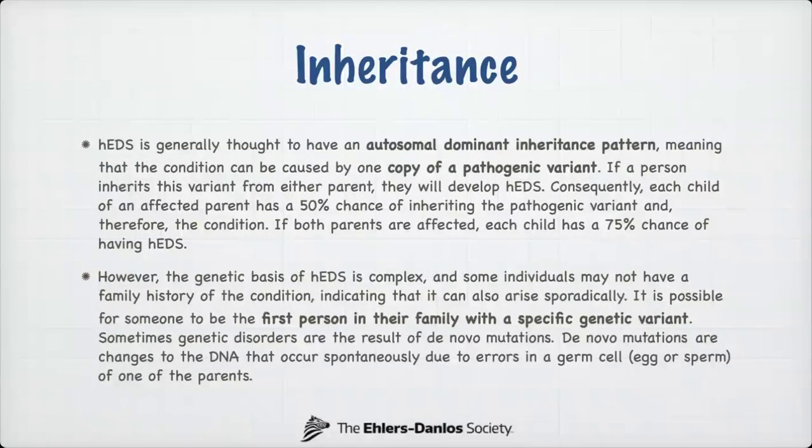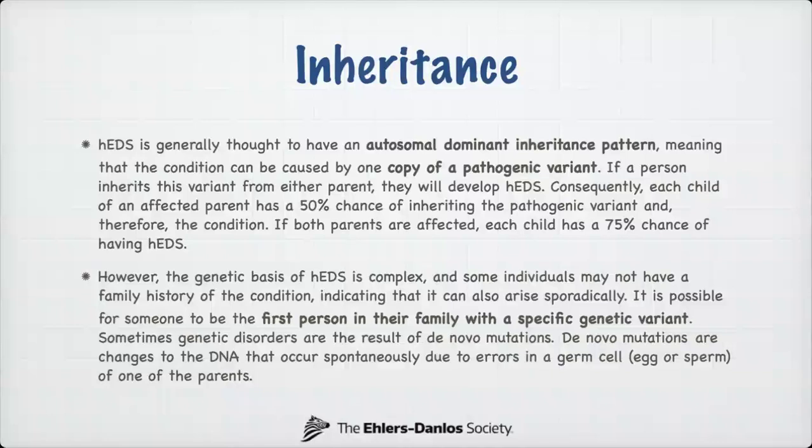Now let's talk quickly about inheritance as well. So as many of you are parents with children in question, HEDS is generally thought to have an autosomal dominant inheritance pattern, meaning that the condition can be caused by one copy of a pathogenic variant. So if a person inherits this variant from their parent, they will develop HEDS. Consequently, each child of an affected parent has a 50% chance of inheriting the pathogenic variant and therefore the condition. If both parents are affected, each child has about 75% chance of having HEDS.